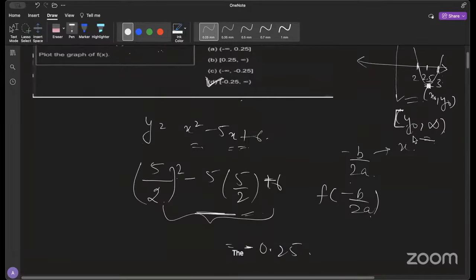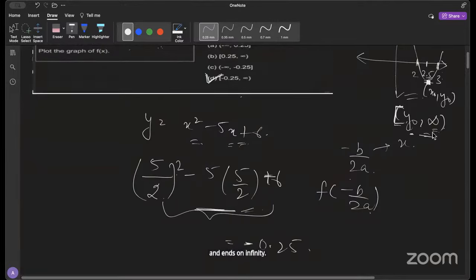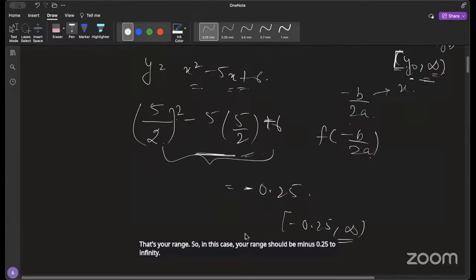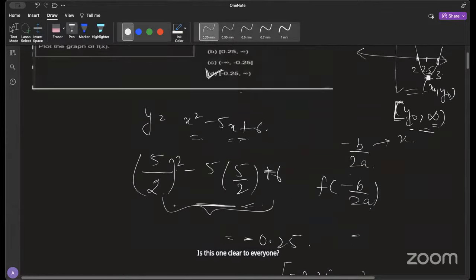The range is basically the y coordinate of the vertex, starting from there and ending at infinity. In this case, your range would be minus 0.25 to infinity. Is this one clear to everyone? Yes, ma'am. Okay.